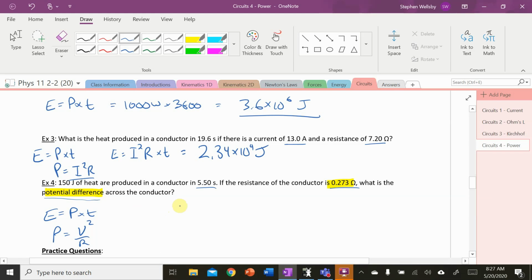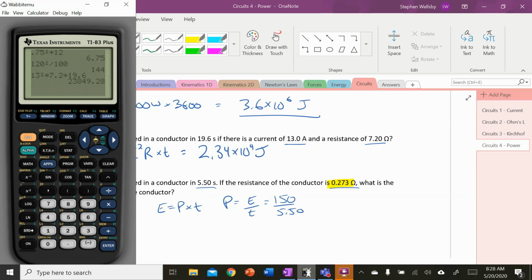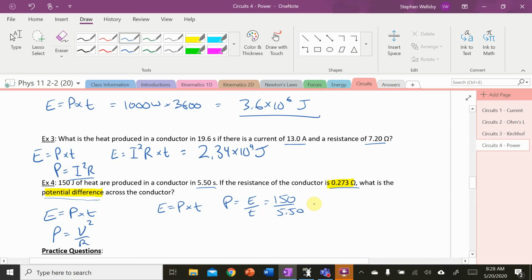So I'm going to solve for the power first of all. We have energy equals power times time, so power equals energy divided by time. This is going to be 150 divided by 5.5, and that's going to equal 27.27 repeating.